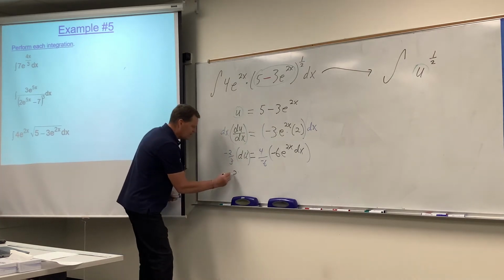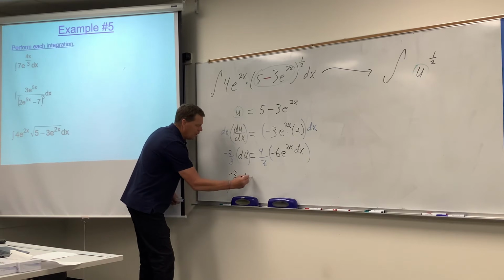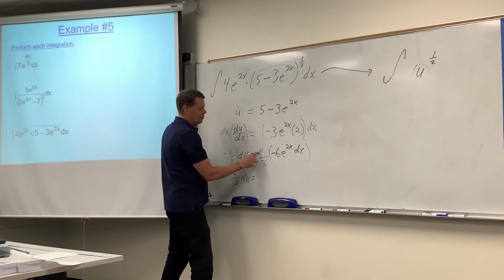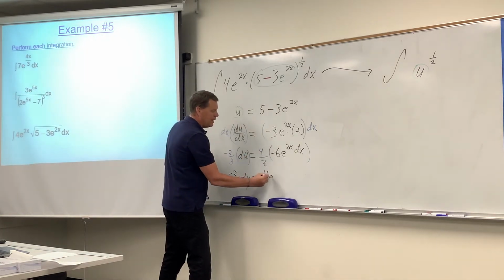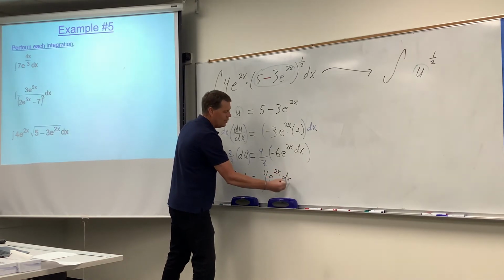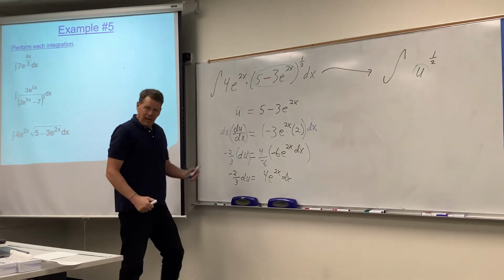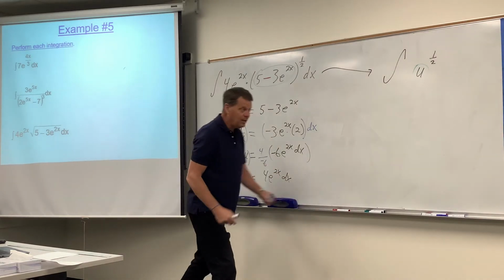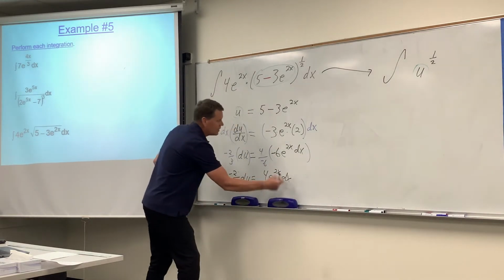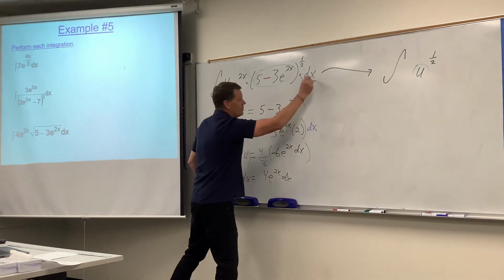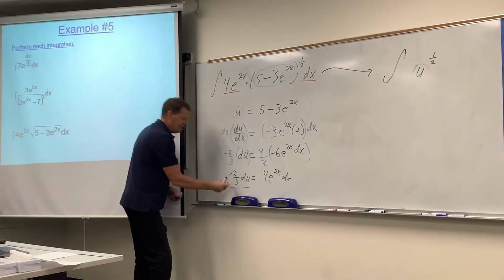So this side becomes -2/3 du, and this killed the 6, replace it with a 4. 4e to the 2x dx. Would you look at that? Everything else that's in the original integral has now been constructed, if you will. So 4e to the 2x dx, that's this.